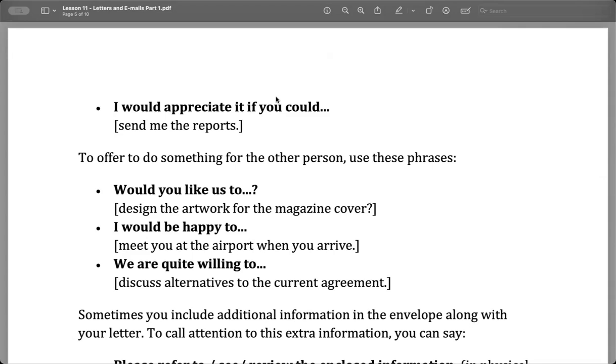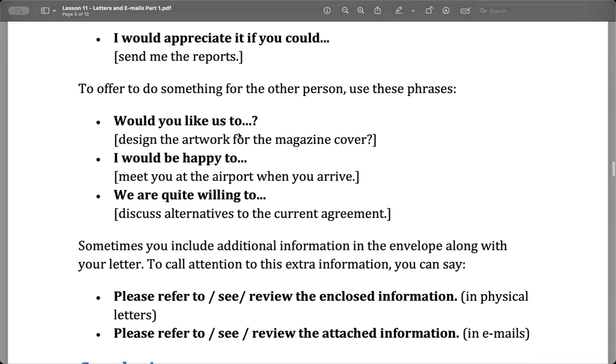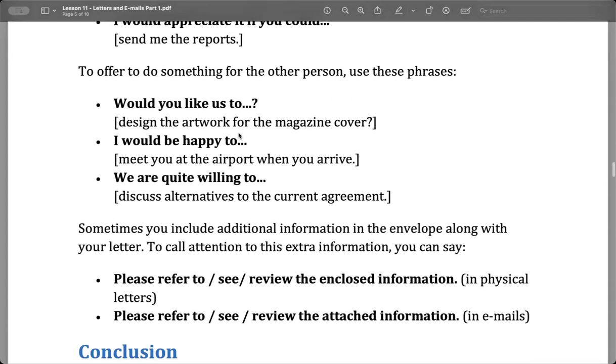We are quite willing to discuss alternatives to the current agreement. Sometimes you include additional information in the envelope along with your letter.